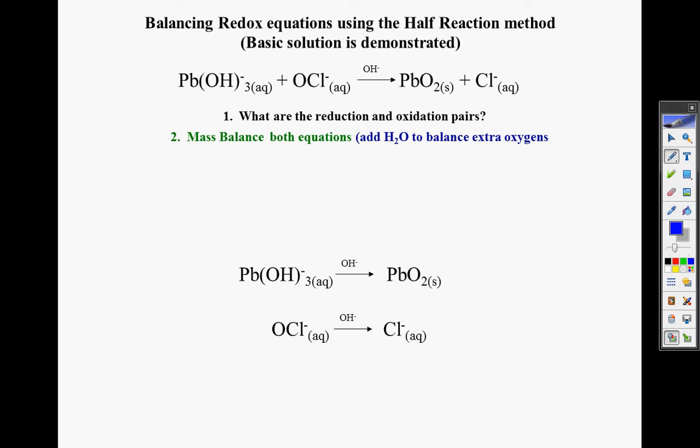On the bottom, you want to add waters to balance extra hydrogens on both. See if you can do that to both. Anybody have any idea how many waters you're going to add to the first one?